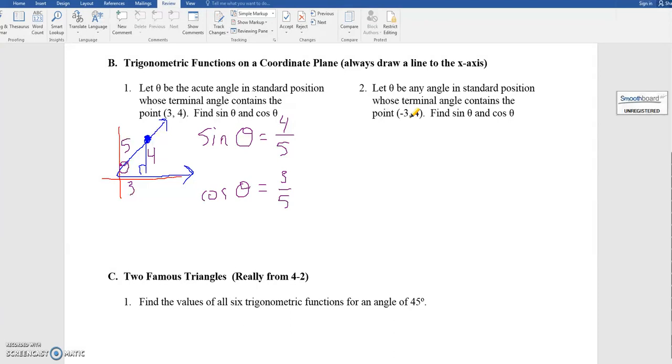So now the point (-3, 4) is going to be a little bit more over here, we'll say.